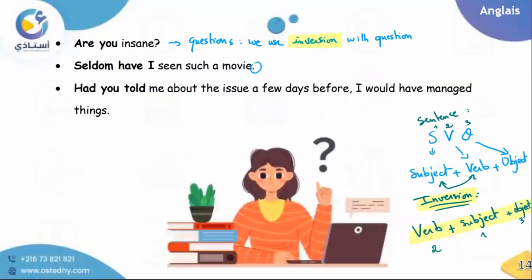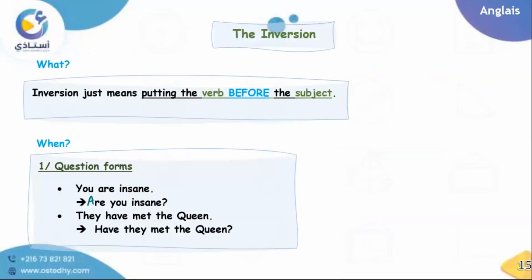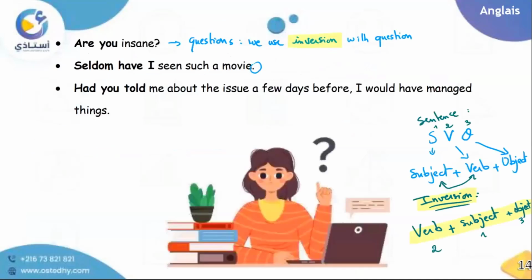And now let's hit the inversion again. Okay, we said what is inversion? It means putting the verb before the subject. Normally, the agreement in grammar is that we put the subject, then the verb, then the object. So 1 is the subject, 2 is the verb, 3 is the object. Okay, the object doesn't change its place.